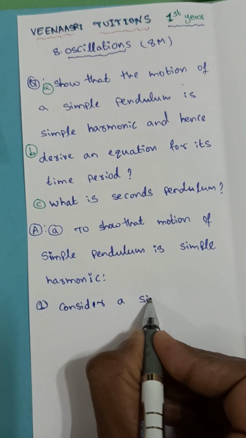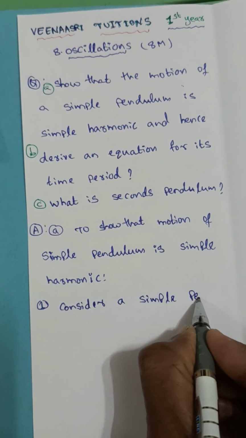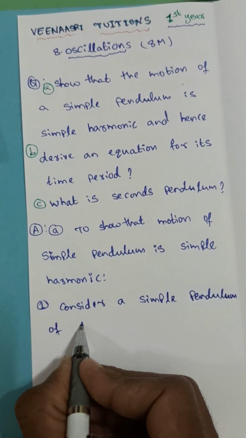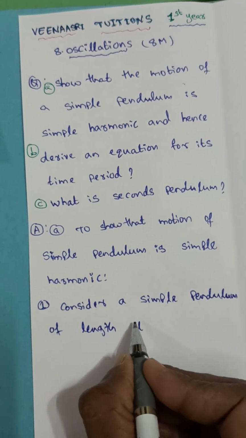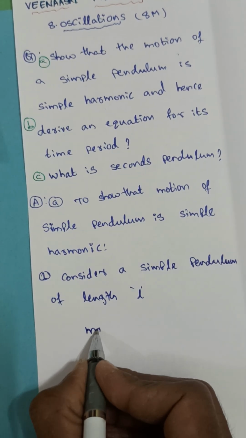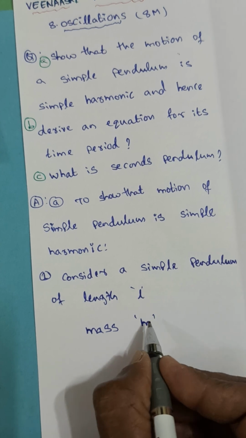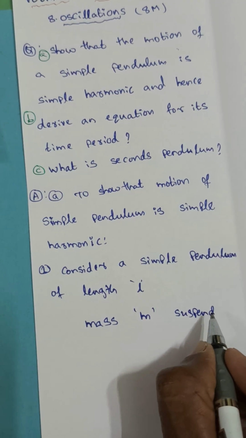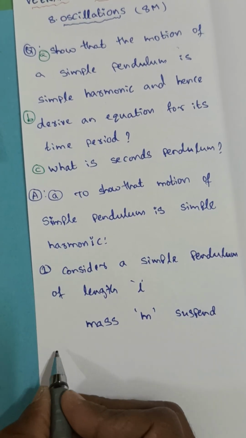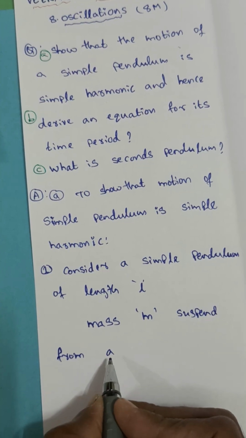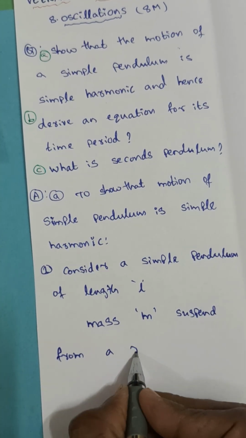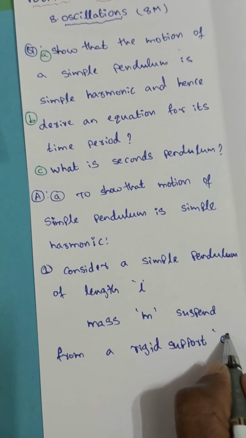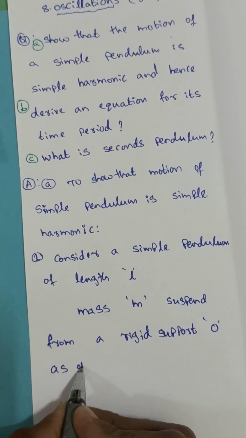Consider a simple pendulum of length small l, mass small m, suspended from a rigid support O as shown in figure.